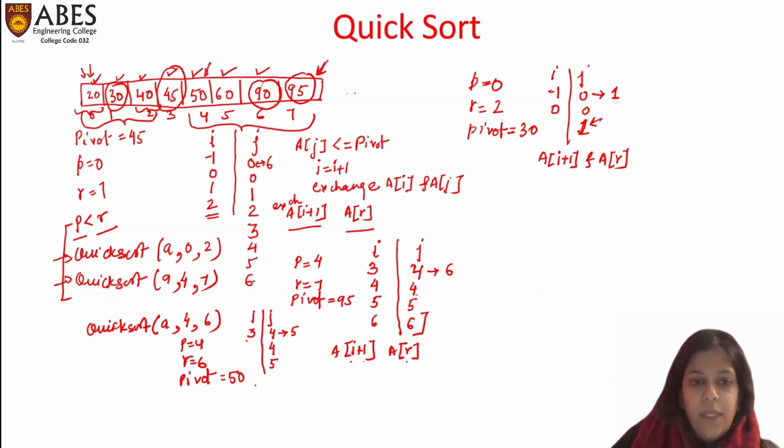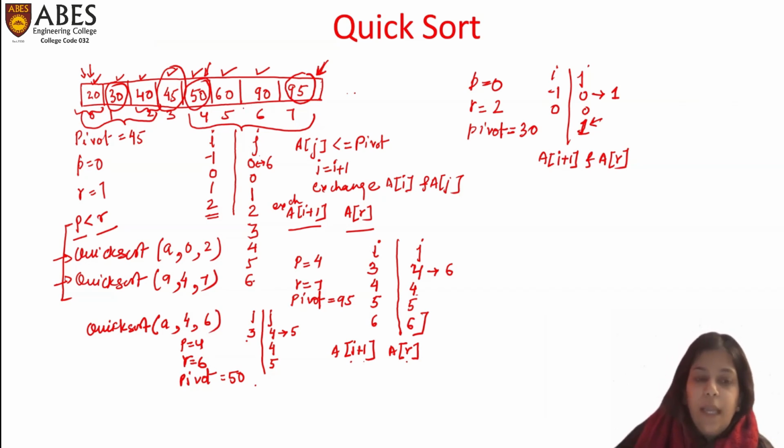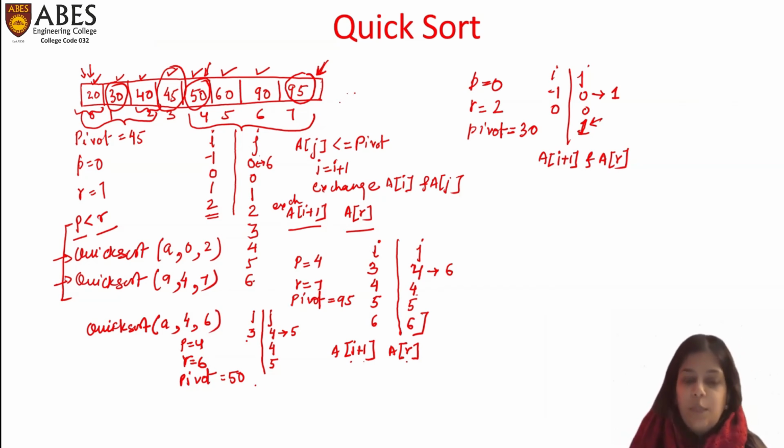You can see that the pivot element 50 has got its appropriate position. Although this array is now sorted, we are going to have another quicksort call with 5 as lower bound and 6 as upper bound, and in this way the array will be sorted.